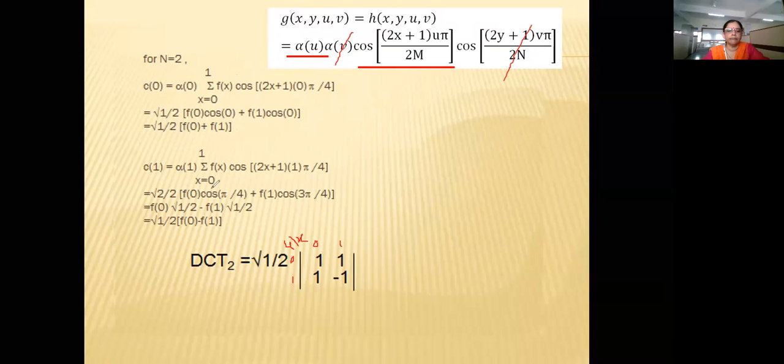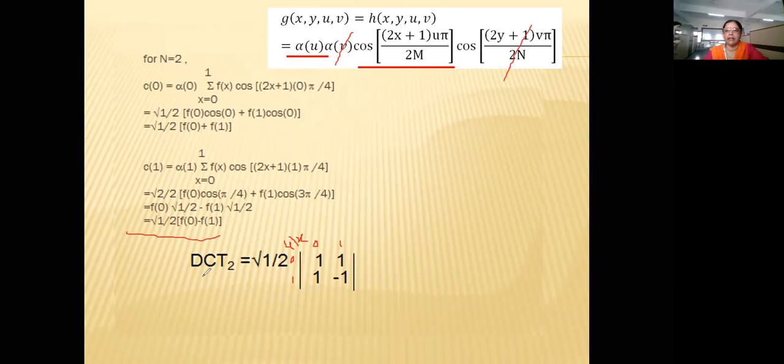Okay. Then when your u is 1, we are getting this term. So here the coefficient for f0 is root 1 by 2, and the coefficient of f1 is minus root 1 by 2, and this root 1 by 2 is common to all these four terms, so it is taken outside of the coefficient matrix.